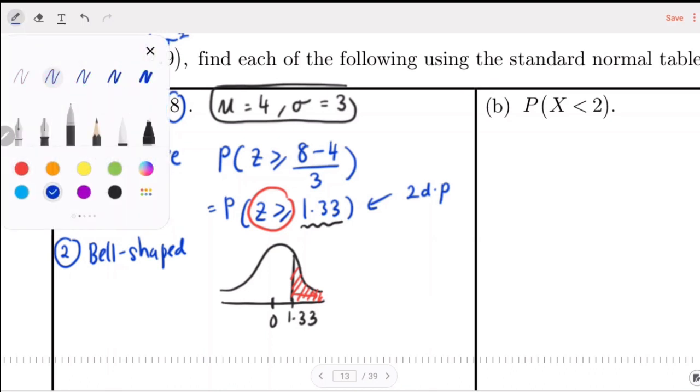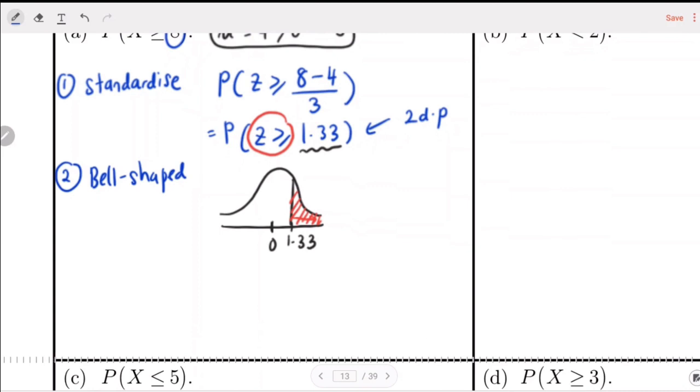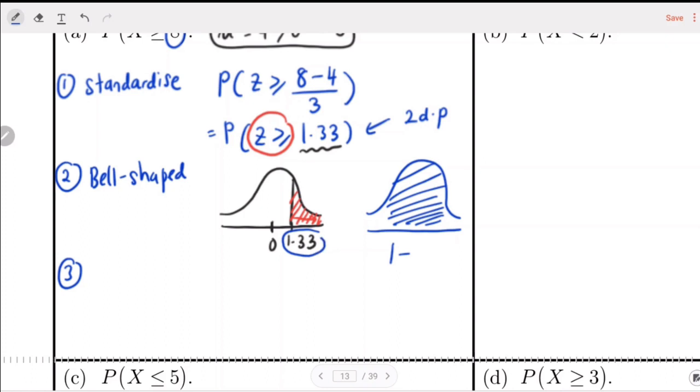Next, the third step is to identify whether we need to put 1 minus or not. If we shaded the middle part of our bell shape, we need to put 1 minus this value.